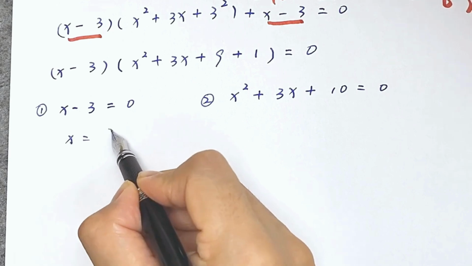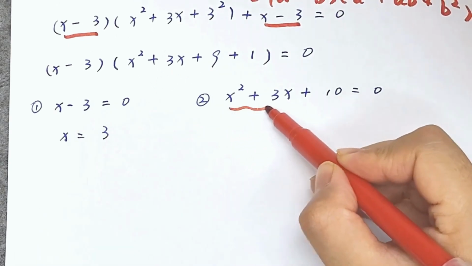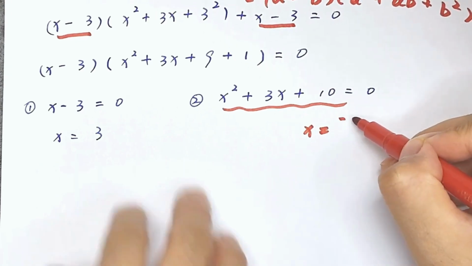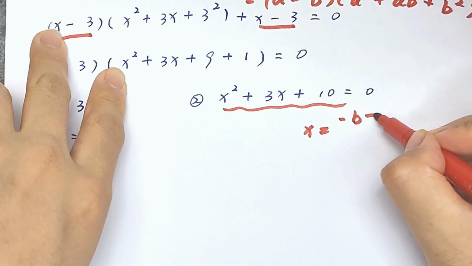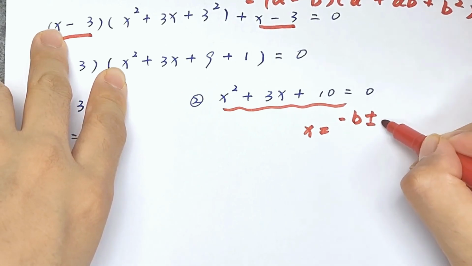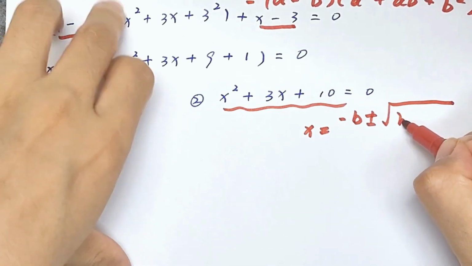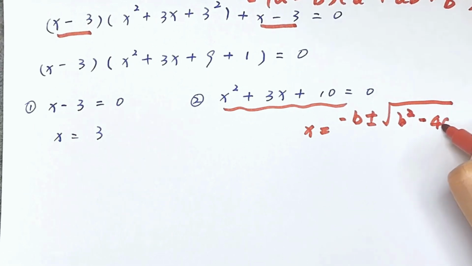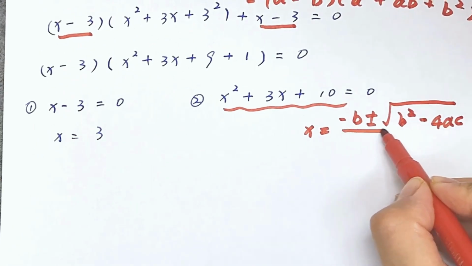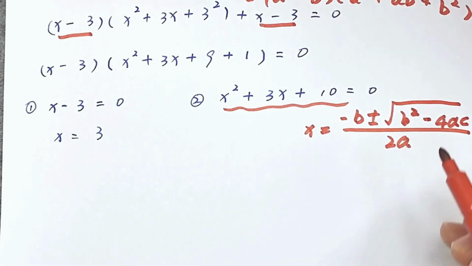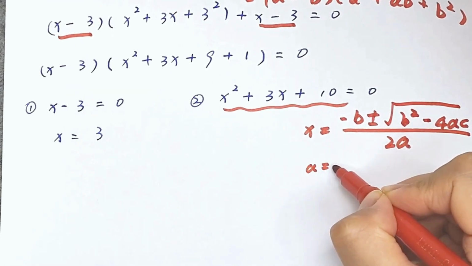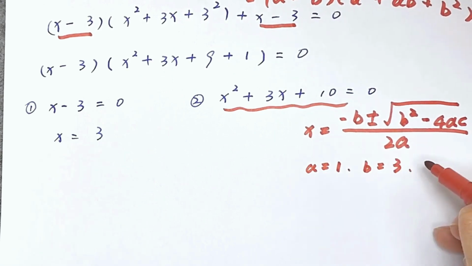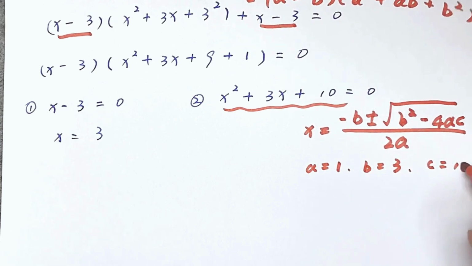X minus 3 equals 0, so x equals 3. And in here, we know x equals negative b plus or minus square root of b squared minus 4 times a times c over 2a. A equals 1, b equals 3, and c equals 10.